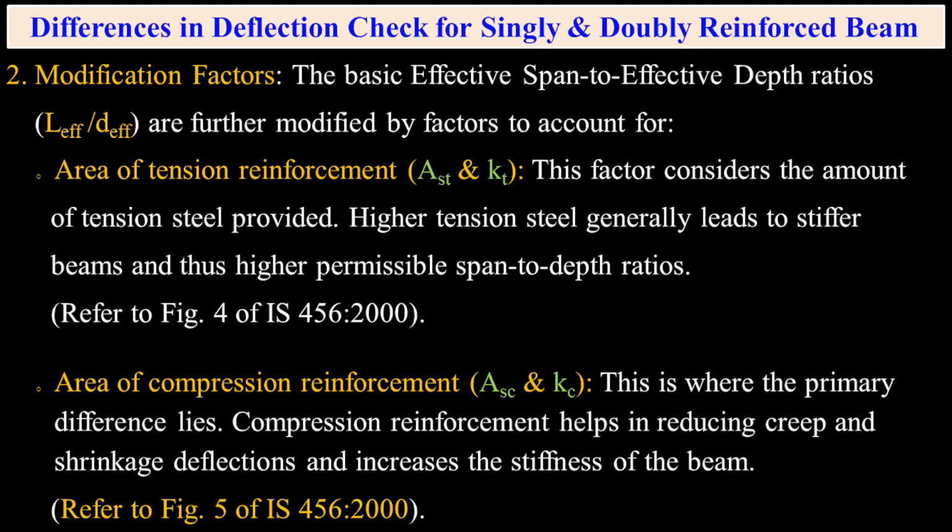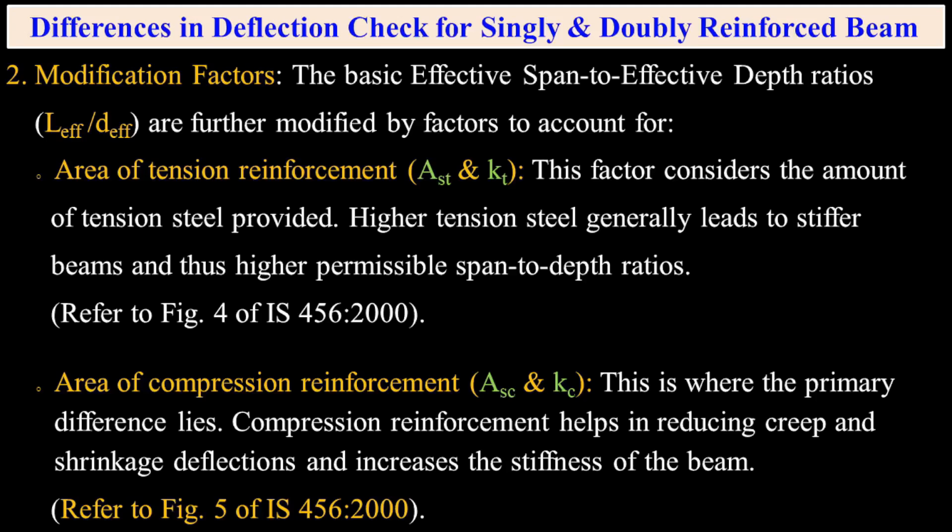Firstly, for singly reinforced beams, the modification factor is often denoted as KT. This factor considers the area of tension reinforcement, AST, along with the value of Fs, which is the service stress in the steel. Now, if you're new to my channel and interested in a deeper dive into the modification factor for singly reinforced beams, I highly recommend following my singly reinforced beam design series.